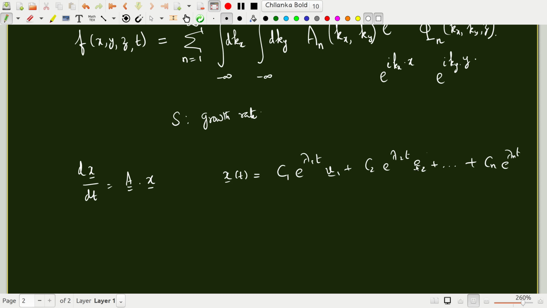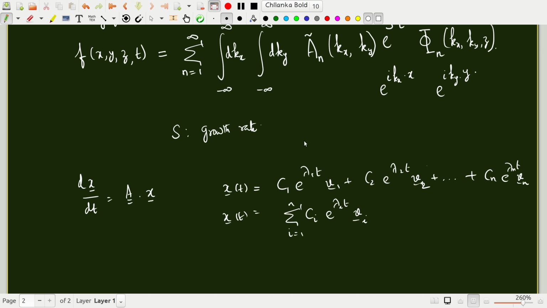The eigenvectors are v1, v2 and corresponding eigenvalues are lambda 1, lambda 2. So this is the eigenfunction expansion. Sum over i is equal to 1 to n of ci e to the lambda i t vi. Now these two expansions are analogous.